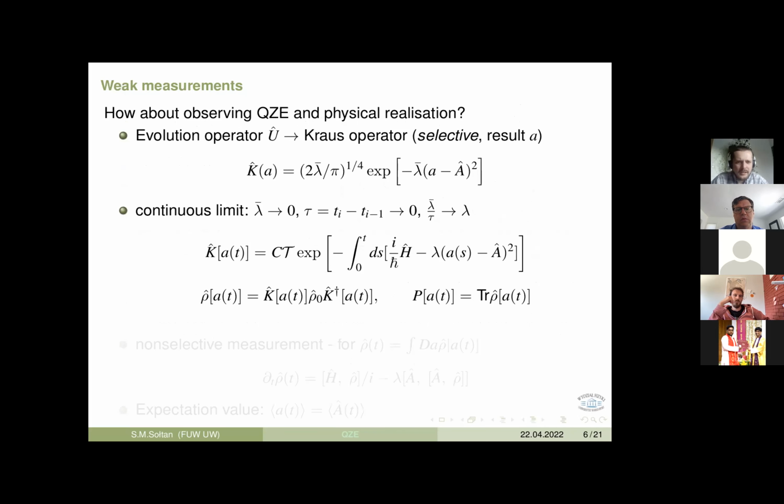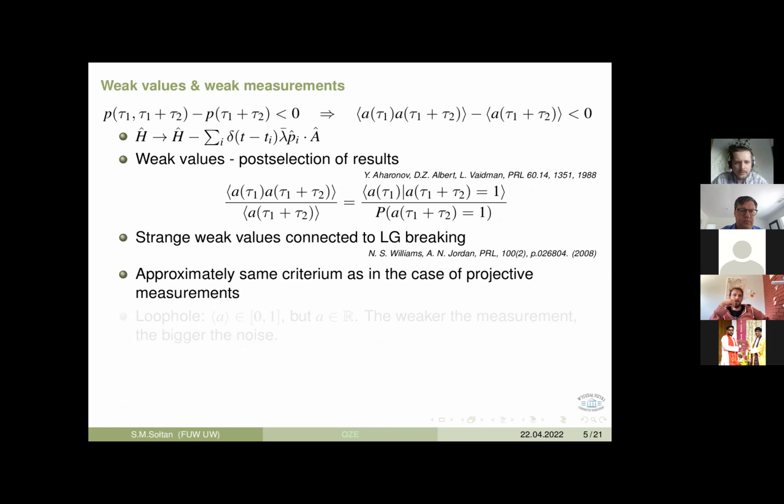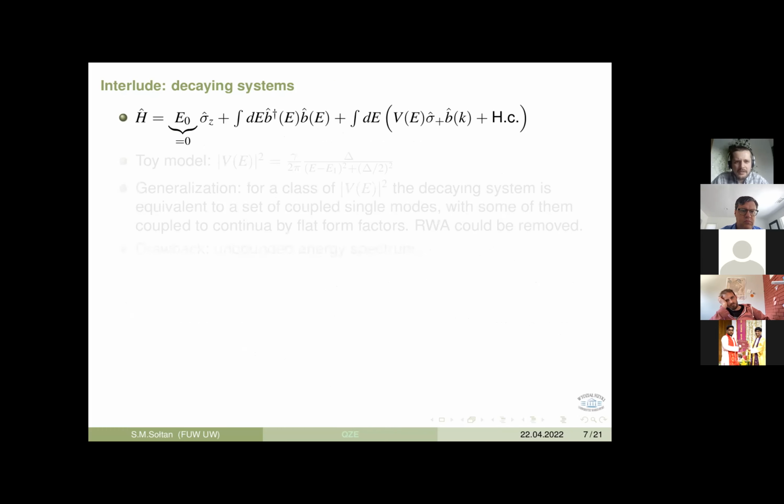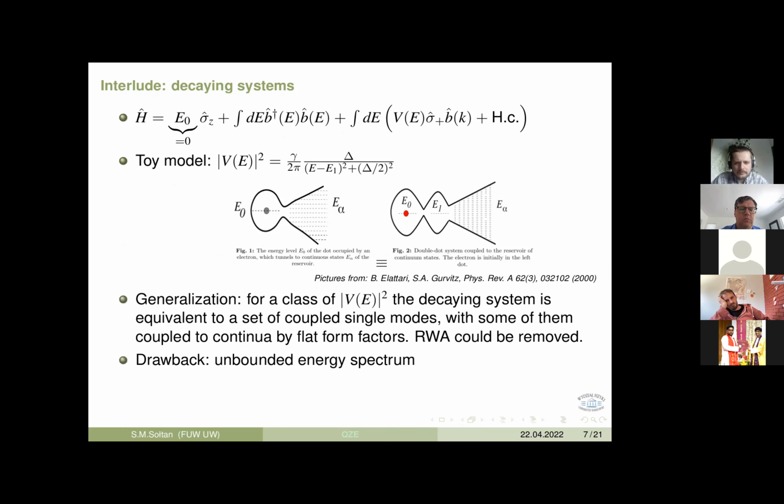At the moment, I don't have anything about that on the slide, but going back to the beginning of this interlude, I actually tried to do something like this. We take some more physical spectrum bounded from below, and we try to perform similar calculations.